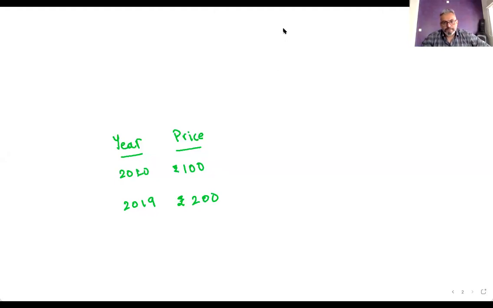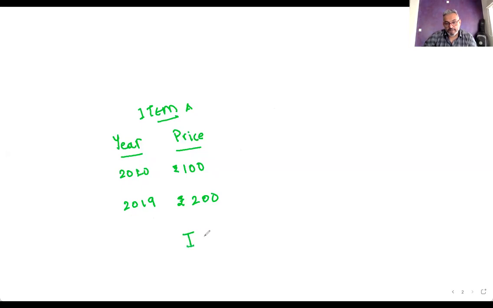See, over here, I have written some information for a particular item, okay? Some item A. Now, year 2010, price is 100, and year 2019, price is 200.